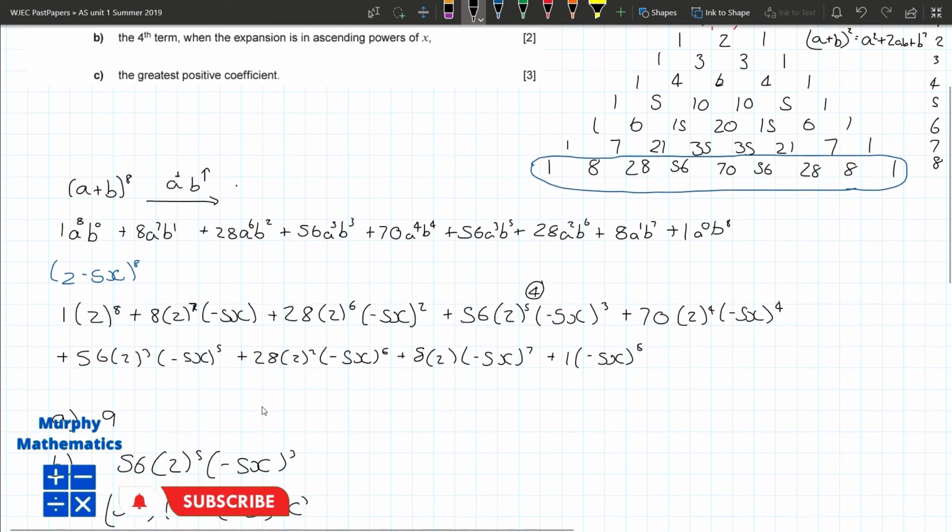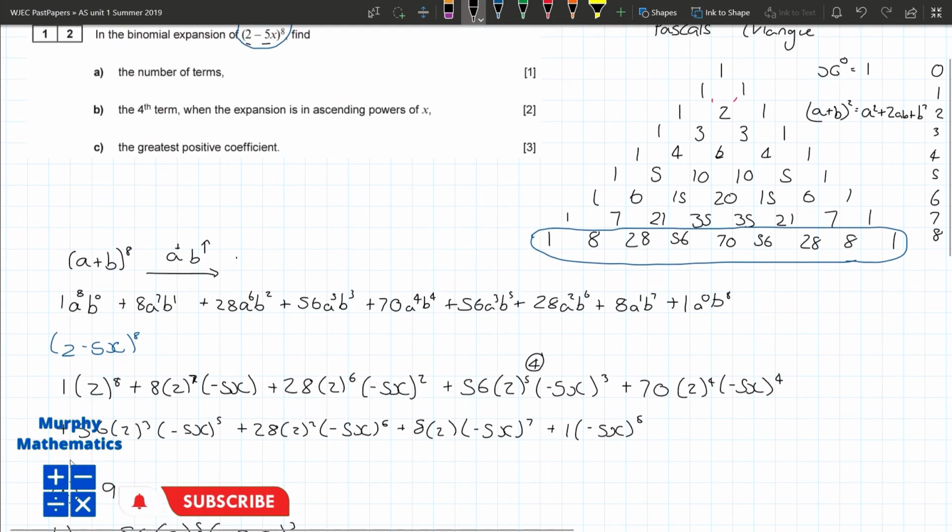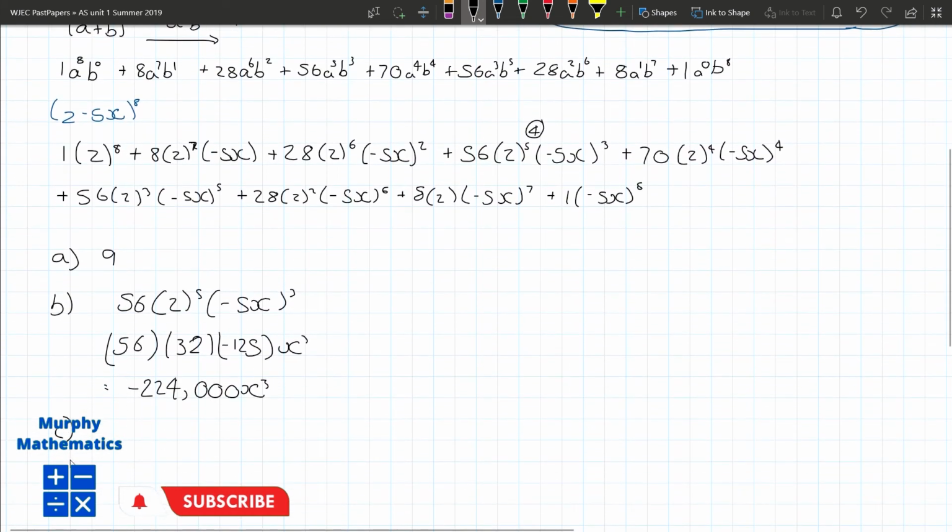And now we're after the greatest positive coefficient. My positive coefficients are when my minus 5x is to the power of an even number. Because when we have minus 5x times minus 5x, so this is minus 5x squared, what we expect to happen is this minus times a minus is going to turn into a positive, so that's just going to be 25x squared.